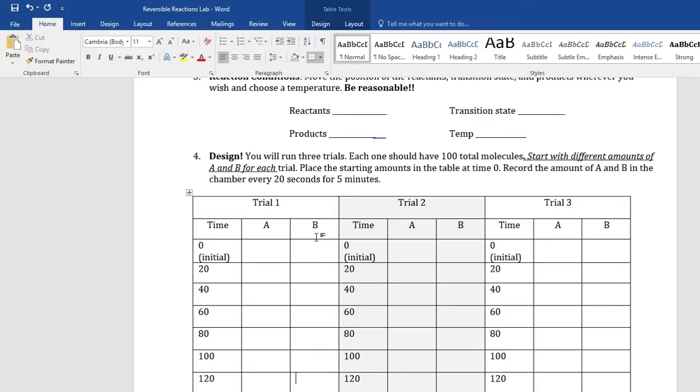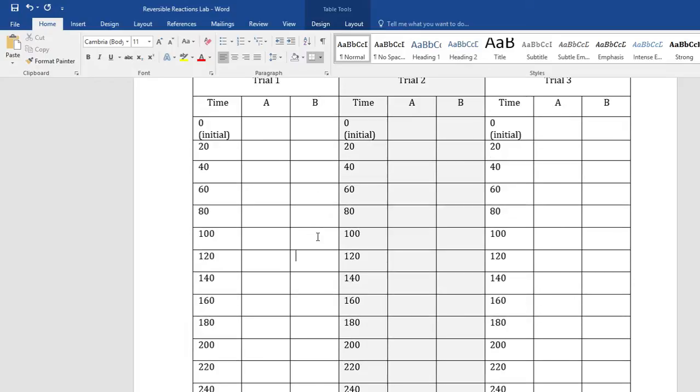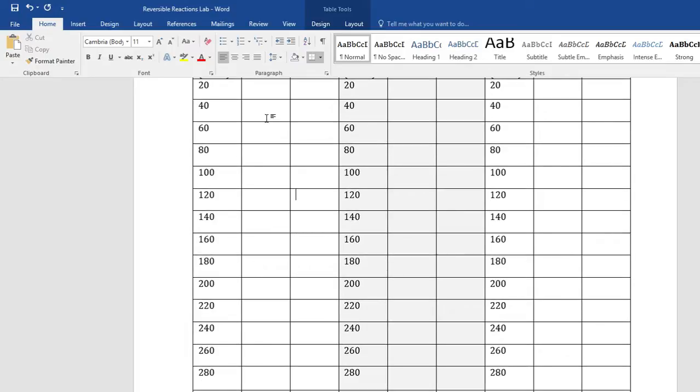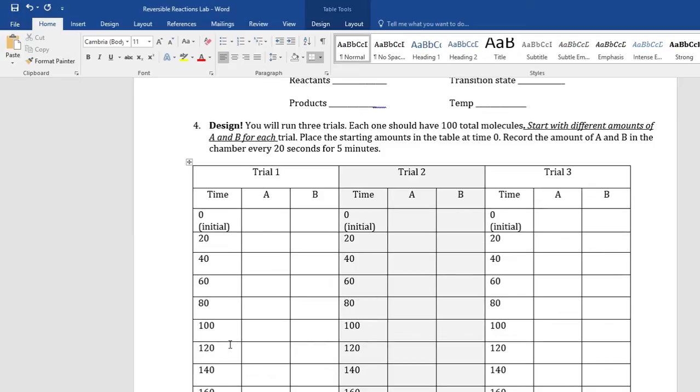Okay, so we're going to be running 3 computer trials, and they're going to be 300 seconds apiece. That'll give us roughly 5 minutes of time to measure these. We're going to go in 20-second intervals.